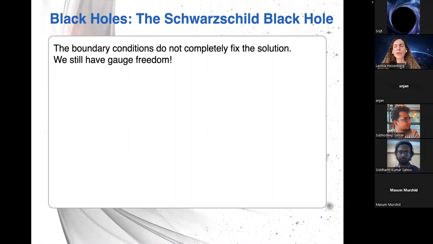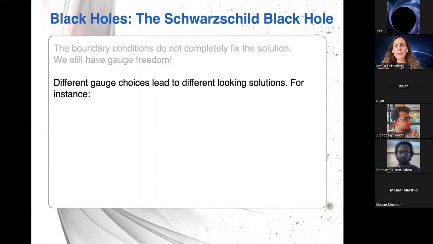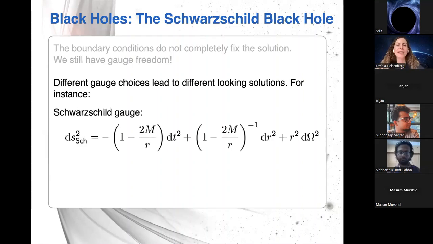These boundary conditions do not completely fix the solution, actually. We still have gauge freedom, and different gauge choices might give rise to different looking solutions. For instance, in the Schwarzschild gauge, the metric ansatz looks in this very specific way.